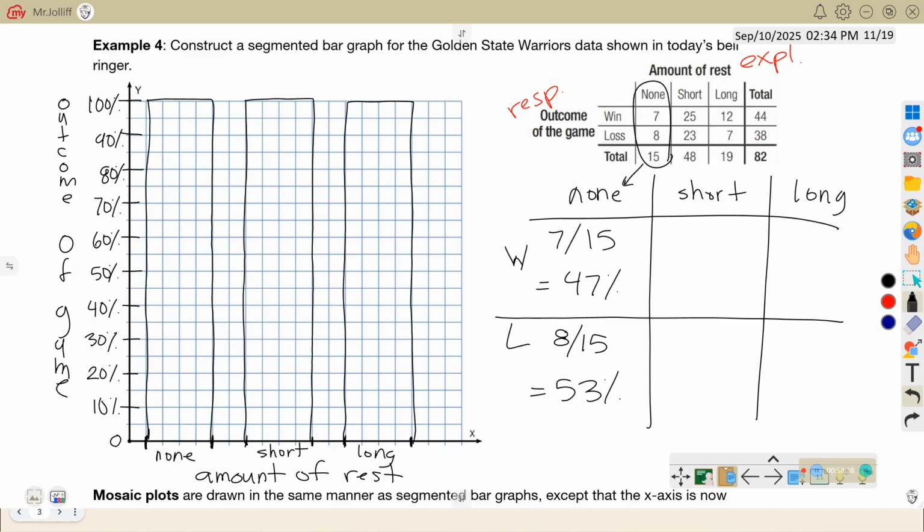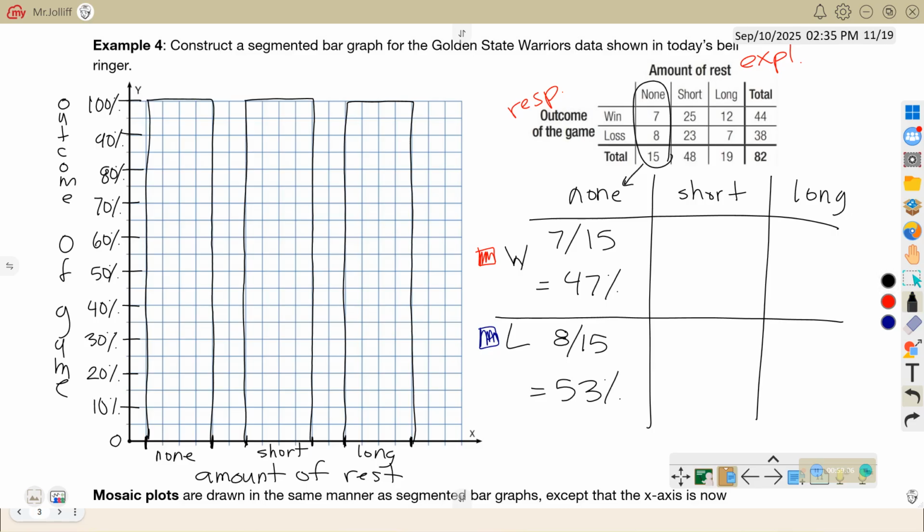So my first bar in the table, the none bar, I'm going to segment. I need to ask myself a question. Do I want the wins on the bottom or the losses on the bottom? What's my lower segment going to be? The wins? Wins first. I heard wins first. So we're going to do the wins first. I'm going to color code. I'm going to make my wins red and my losses blue.